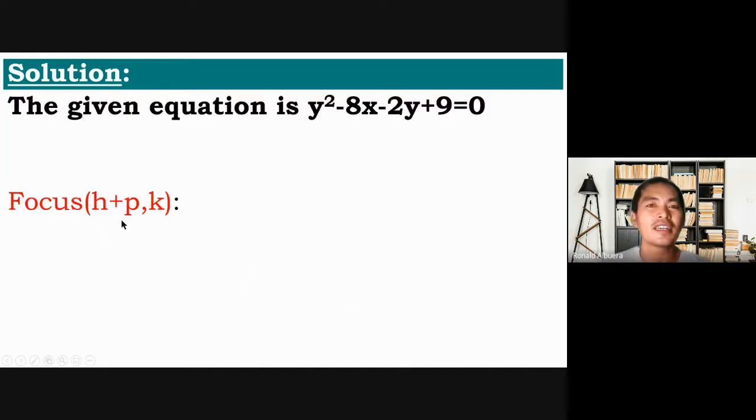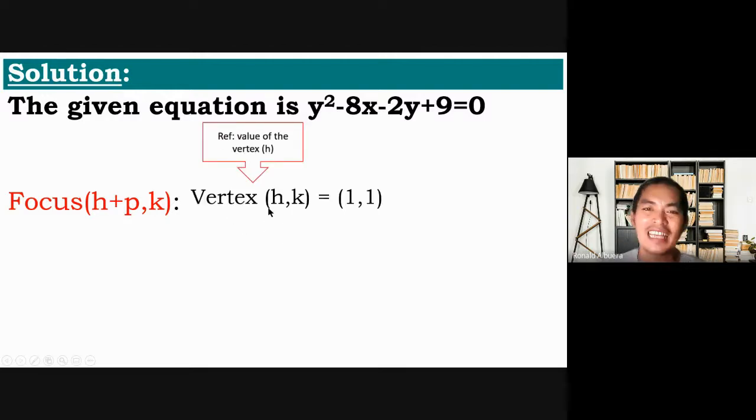Okay, meron pa? The focus. Paano naman ang technique ng focus? Sabi ko nga sa inyo, ang vertex baga natin ay 1, 1. Okay? Now, ang variable na may second degree ay y. Kuha na, may y. Okay? Ang hindi second degree ay x.